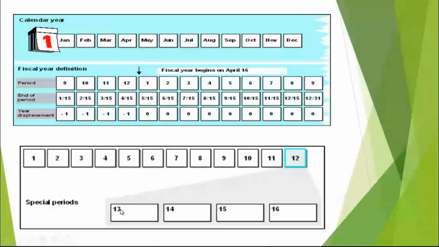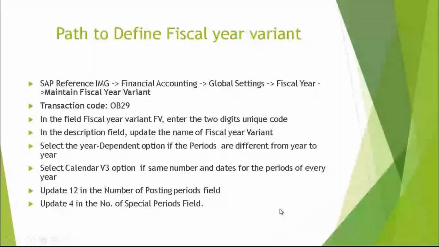Now the four special periods with calendar year periods are 12. 12 plus 4 we will consider as a 16, like this 1 to 12. Then the special period again December you consider as 13, Jan you consider as 14, February you consider as 15, March you consider as a 16th. Okay, so this is how the special periods which we will be considering.